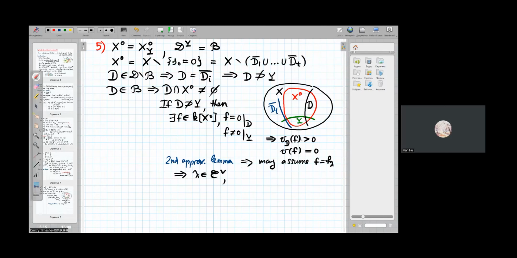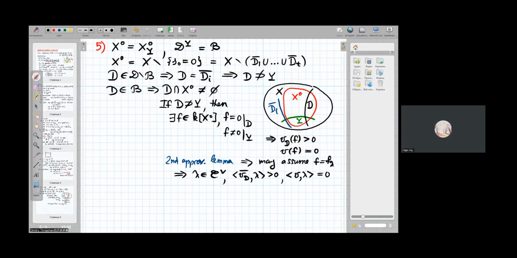And these inequalities read as follows: the pairing of V_D bar with lambda is positive, while the pairing of V with lambda is 0.